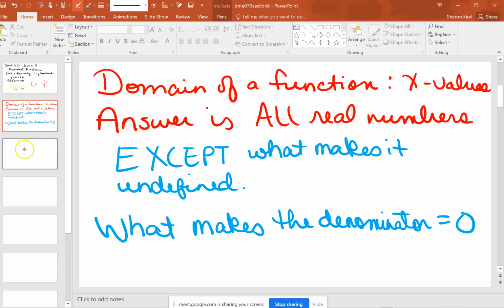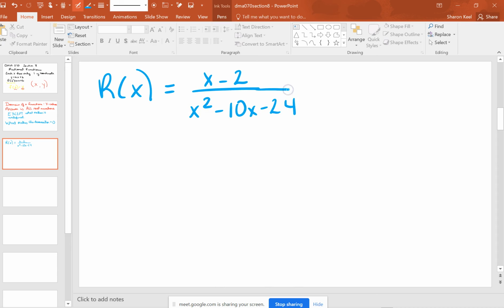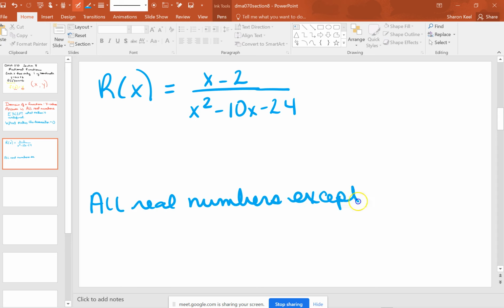So if, for example, I give you this function, and I have x minus 2 in the numerator and x squared minus 10x minus 24 in the denominator, the domain is going to be all real numbers except. In this case, all we have to do is factor the denominator, and you could use your calculator to do the factoring.